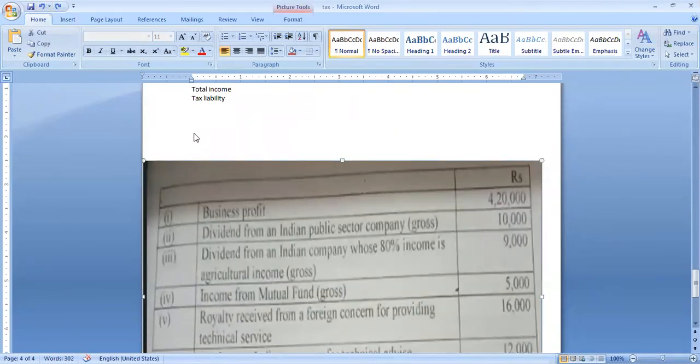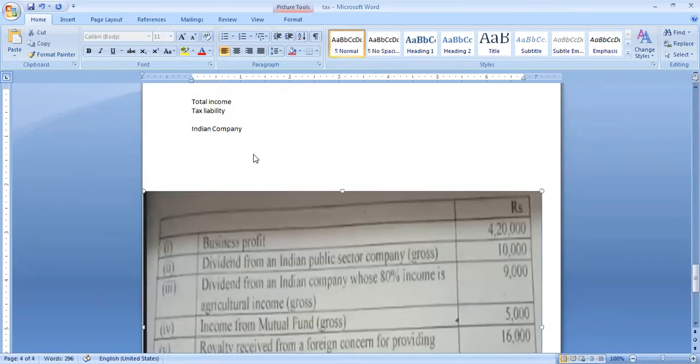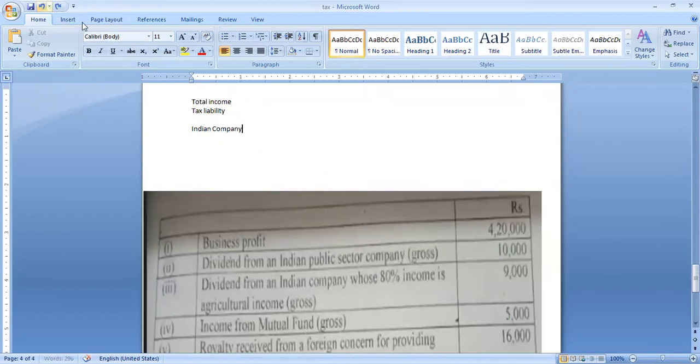Please note down this problem. This is a problem with reference to an Indian company. Please remember, Indian company, not a foreign company. In this one, we are going to learn how to calculate tax liability.